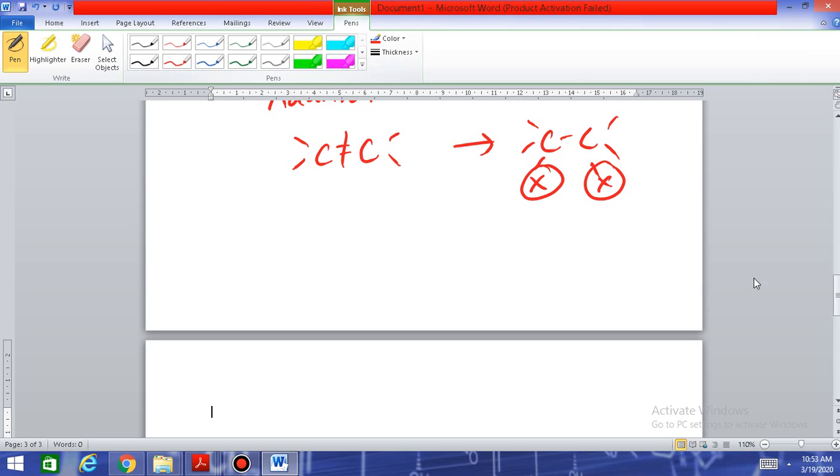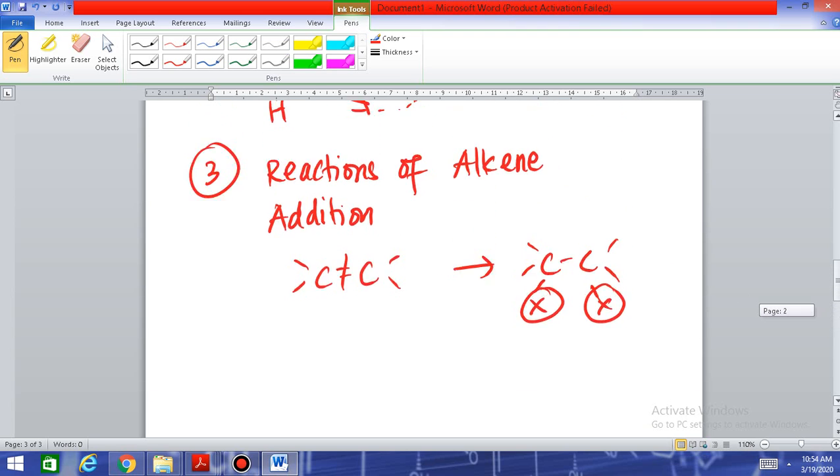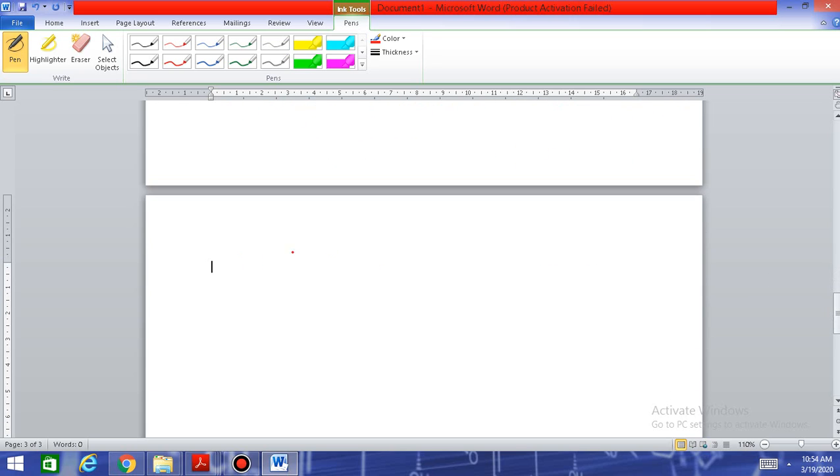Okay, let's continue. It's still about addition of alkene. It has several types of addition. First is addition of alkene with halogen.